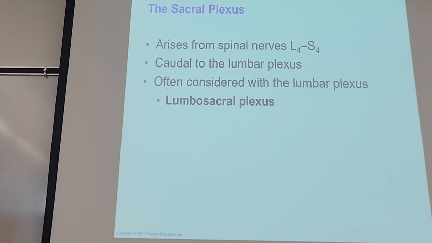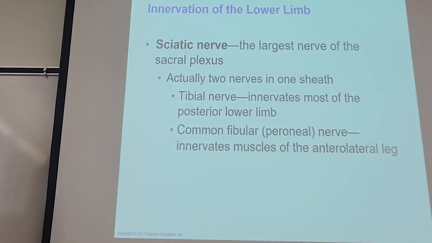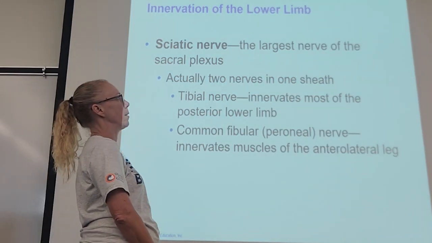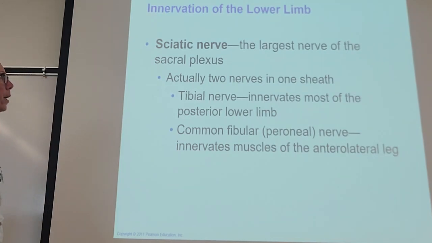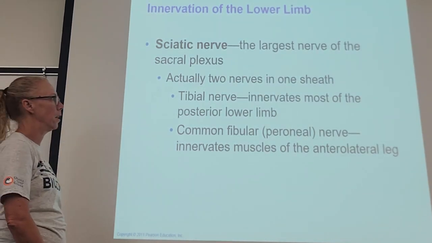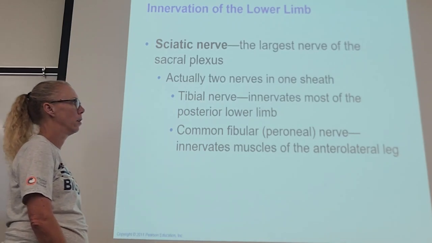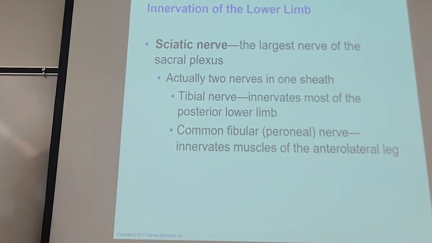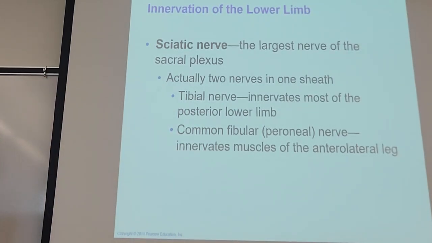Okay, and then finally we have sacral plexus. You hear lumbosacral plexus, but that's just if they combine the two plexuses together, depending on what kind of injury somebody has. So for us, sacral plexus is going to be more posterior. We have identified in lab already tibial nerve and common fibular. If tibial nerve is innervating most of the posterior lower limb, what muscles are those? Gastrocsoleus, yeah.